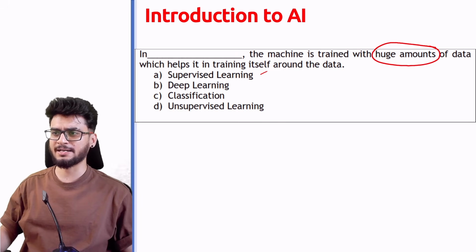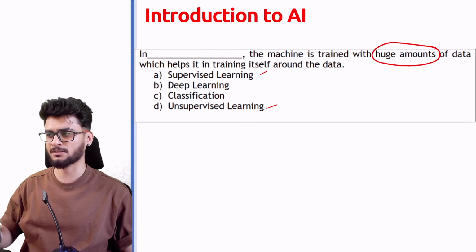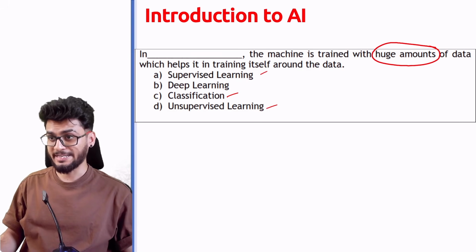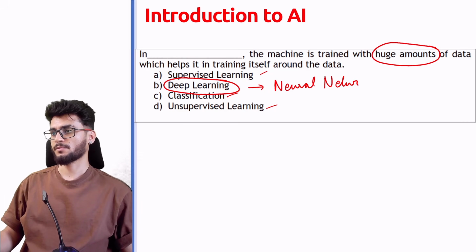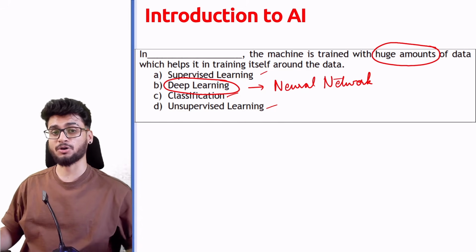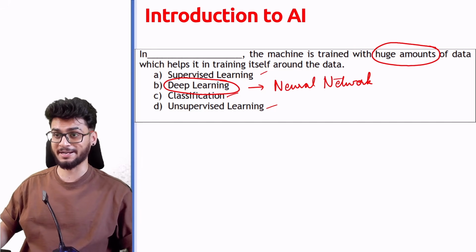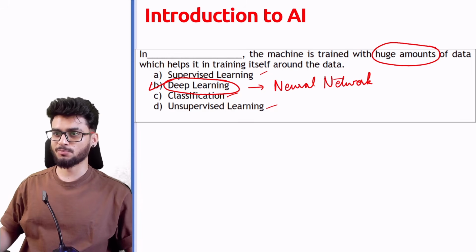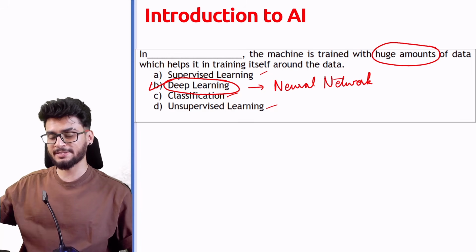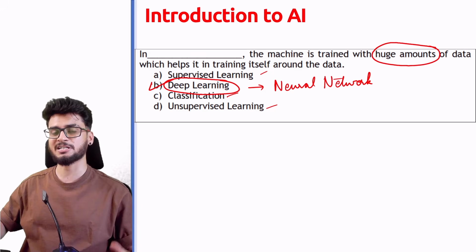So supervised learning, unsupervised learning, data के according ज़्यादा कुछ difference नहीं है उसमें, even classification. But deep learning, which generally uses neural networks, में आपका सबसे ज़्यादा data use होता है. बहुत terabytes में data आपका जाता है for training purpose. So deep learning is the right answer. All these questions have been taken from the past year question papers as well as sample papers. So in all, if you're able to solve all these questions, then आपका objective type का revision complete हो जाएगा.